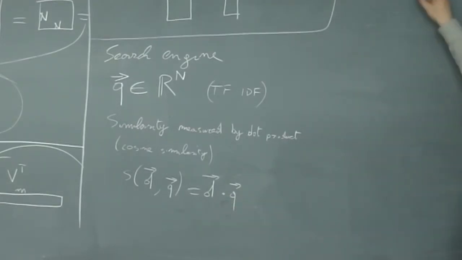We simply remember that our matrix X contains all documents, and that all documents are contained as columns.